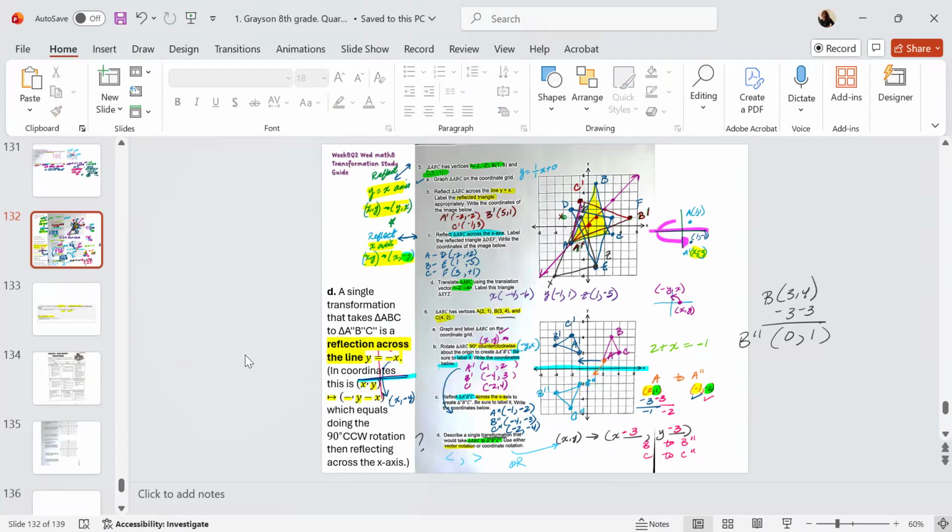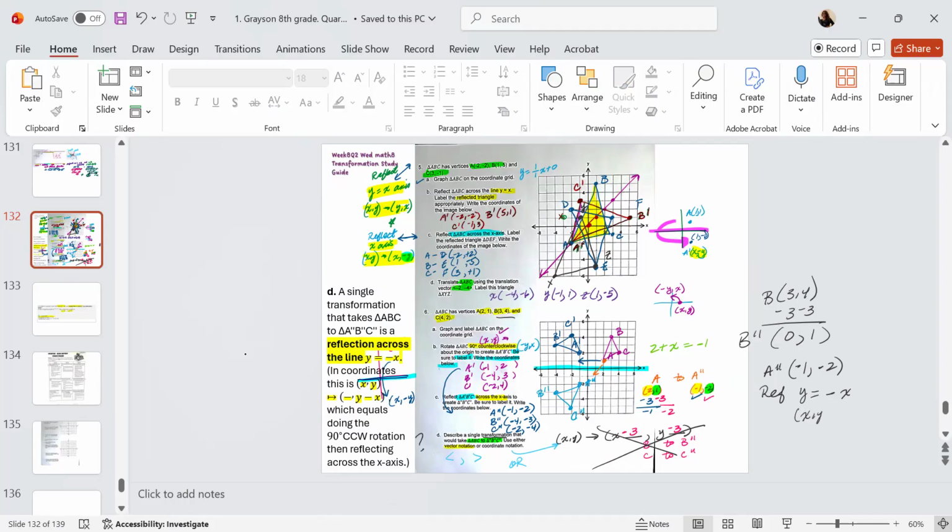So since your a double prime is A, you can't do the translation. That's completely wrong, because you see how you've already rotated it? A translation is if it's facing the same way and it's just sliding, right? So what was a double prime? -1, -2, correct? We're going to do a reflection about the y equals negative x axis.